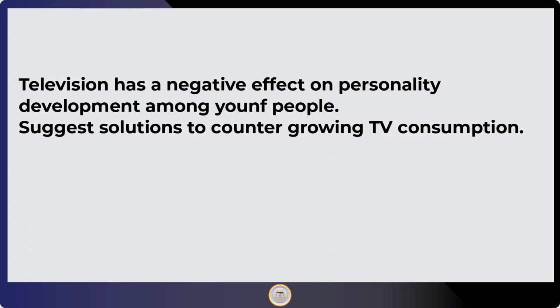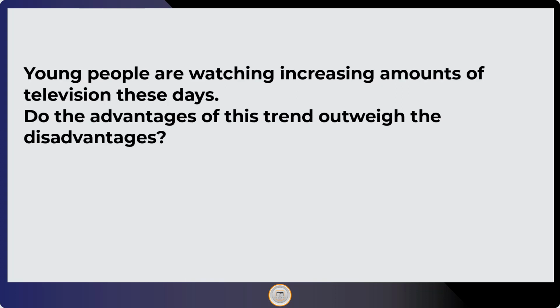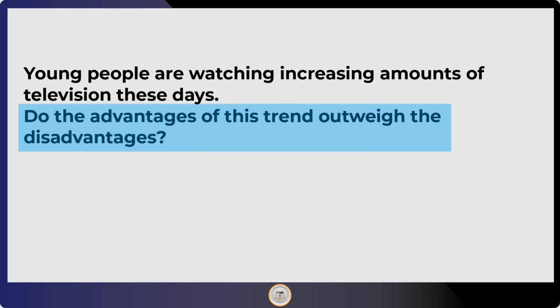Now have a look at this question. Young people are watching increasing amounts of television these days. Do the advantages of this trend outweigh the disadvantages? So here the instruction words are asking the candidate to conclude whether or not the increasing consumption of television among young people poses more advantages than disadvantages.